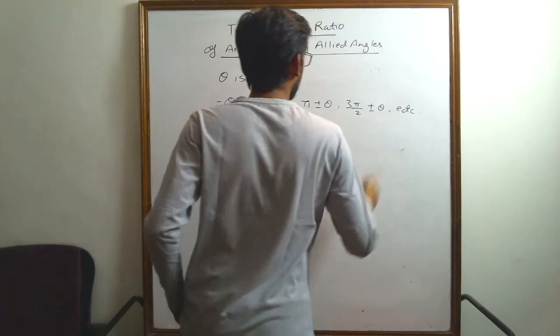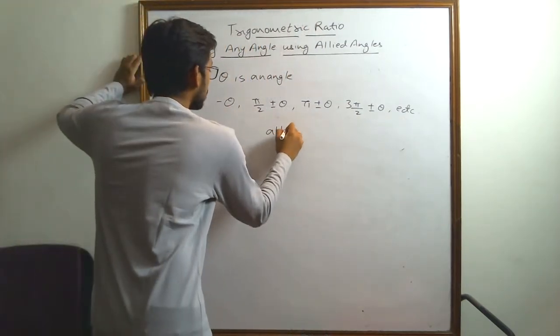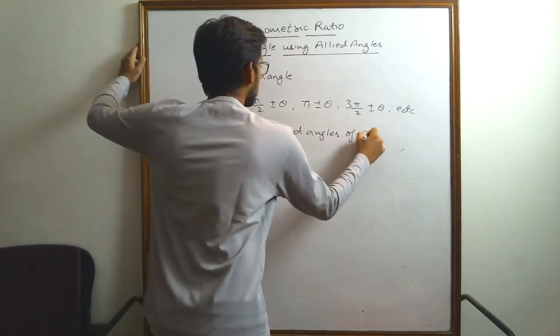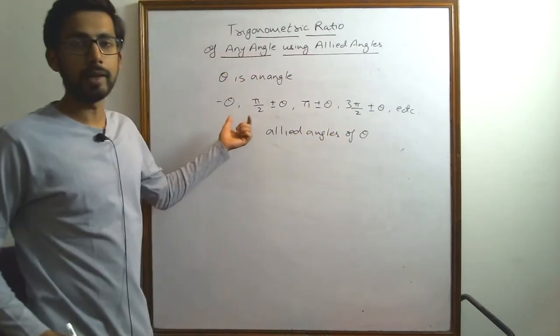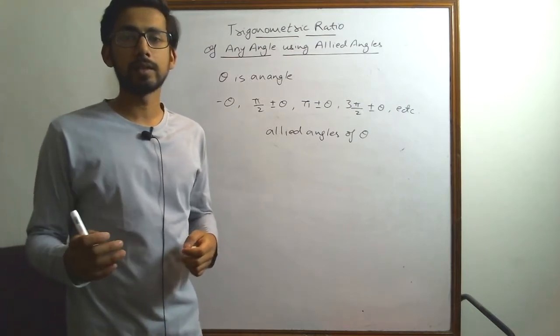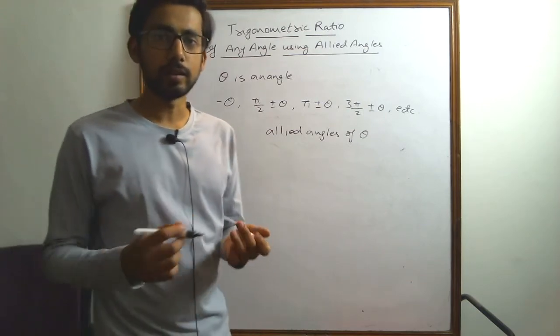You get the idea. These are known as allied angles of theta. So allied angles are basically multiples of pi by 2 plus minus theta. The angles of this form are known as allied angles of theta.